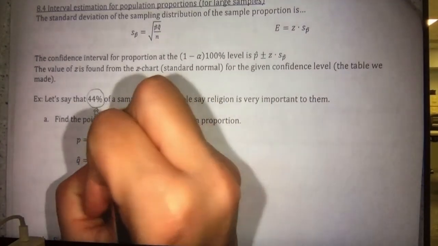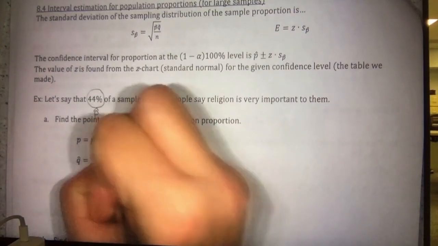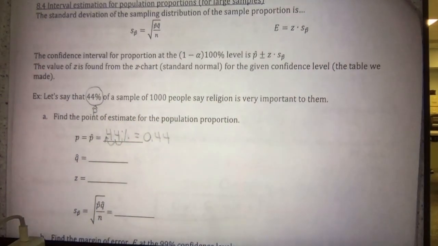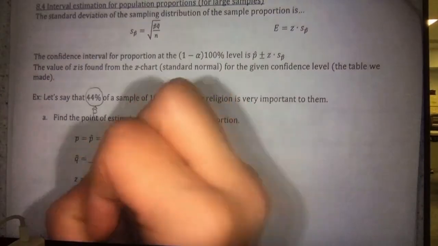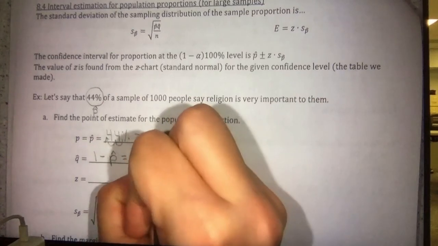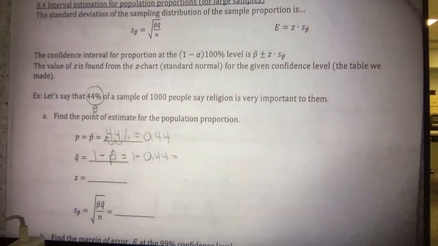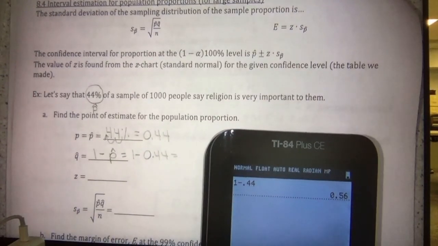So we know that is 44%, which we are going to move the decimal 2 places to the left, and that will give us 0.44. Q hat is, we know, 1 minus p hat. So 1 minus 0.44. Going to our calculator, 1 minus 0.44 will give us 0.56.